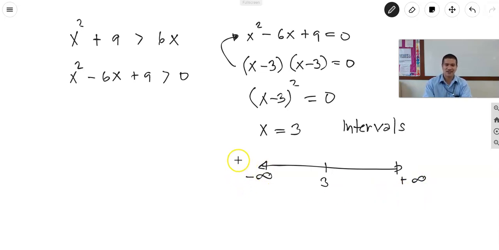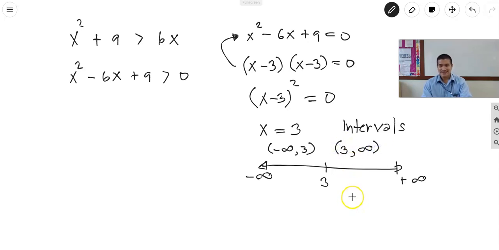Let's test values to find the intervals that satisfy the inequality. This interval is from negative infinity to positive 3, and this side is from 3 to positive infinity.